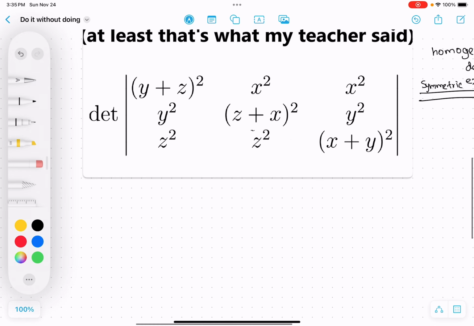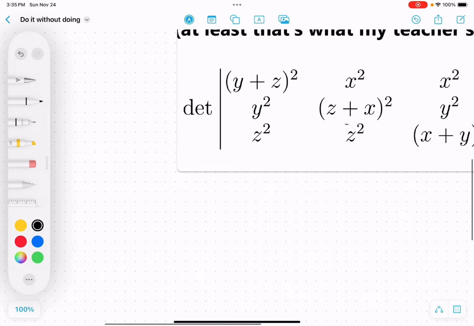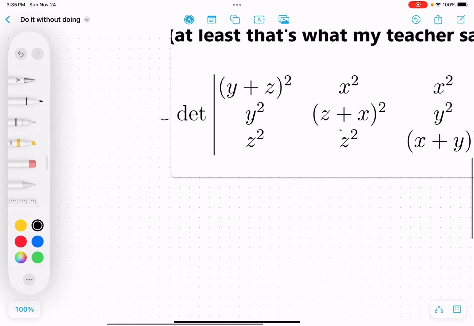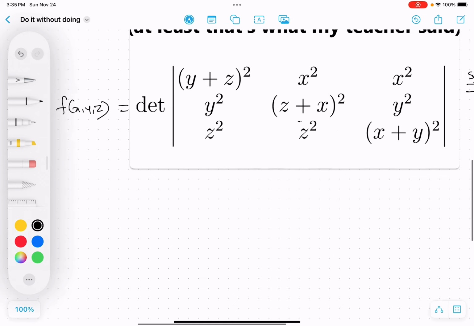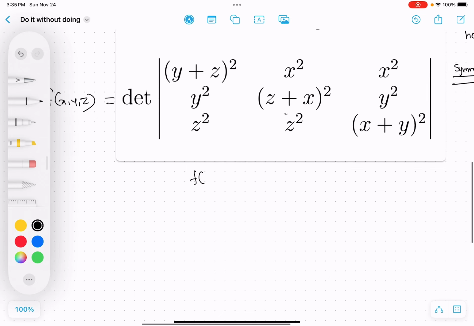Now let's try to see how we find the expression, right? So let's say the final expression we represent by a function of x, y, z, right? Now we have this function f(x, y, z) as some expression, right?